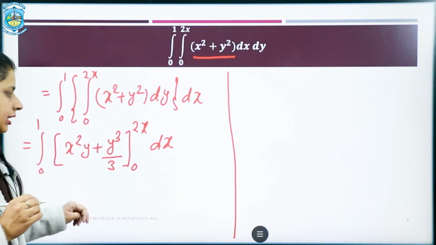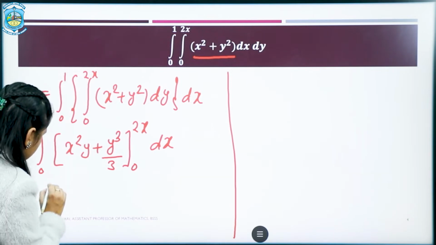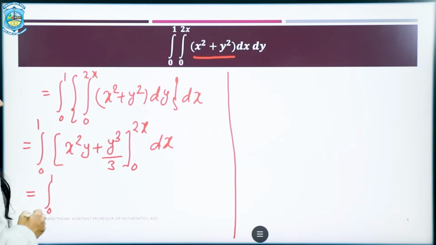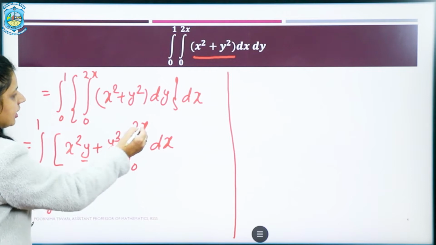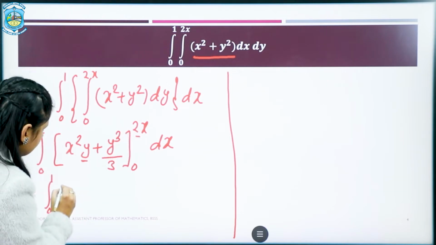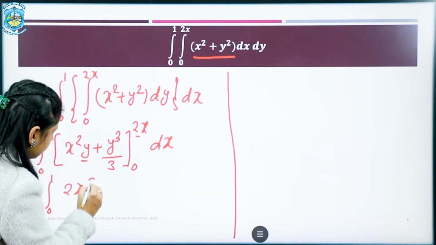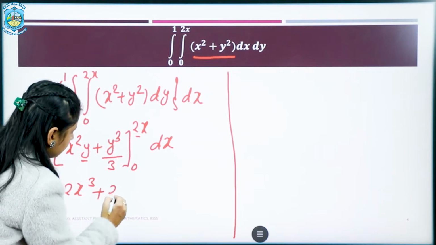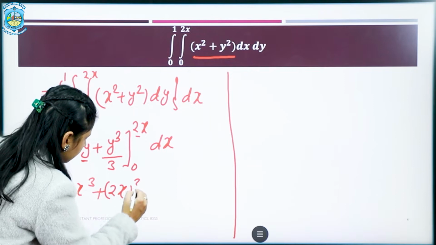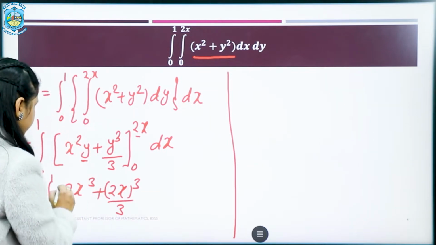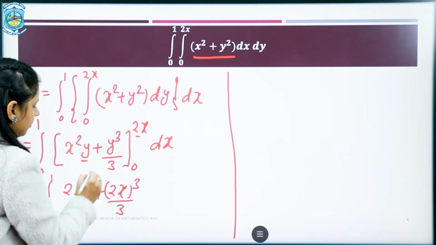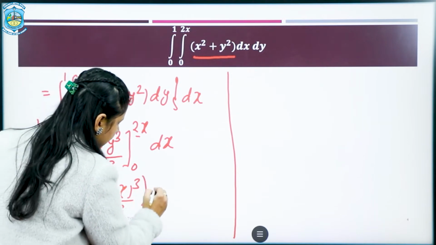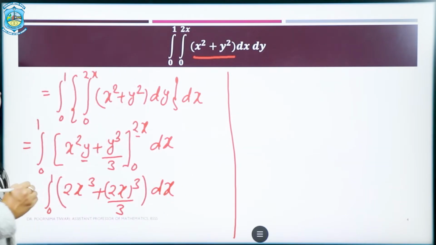Now, when we apply limits, first we apply the upper limit. In place of y, we write 2x. So here we get 2x cube, and from the second term we get (2x) whole cube upon 3. For the lower limit 0, we get 0, and this would be dx.